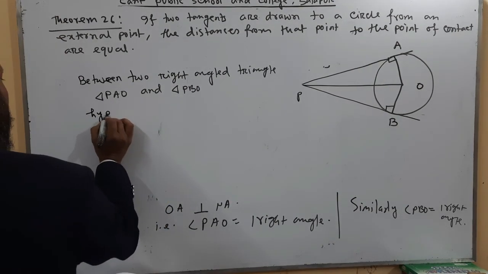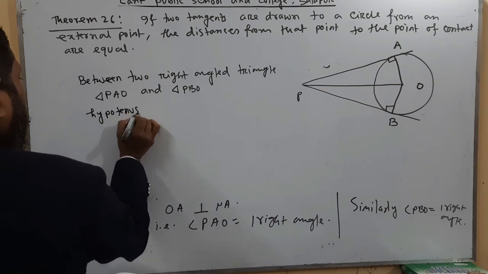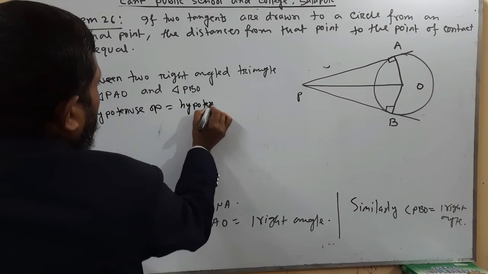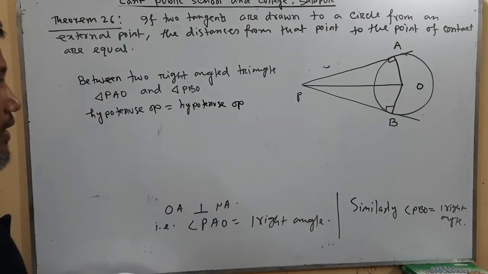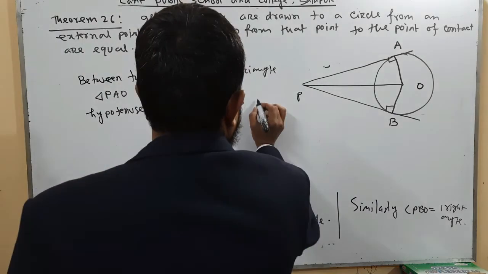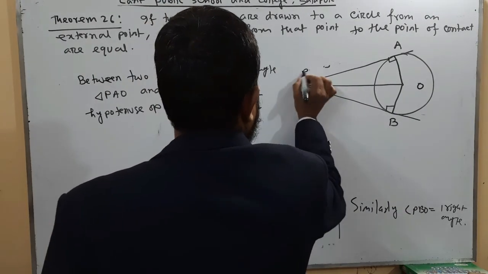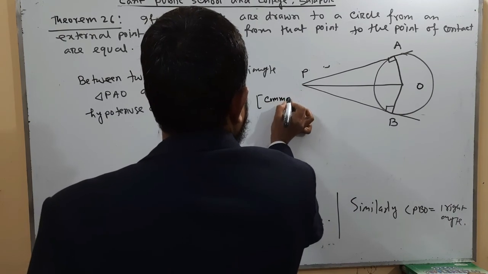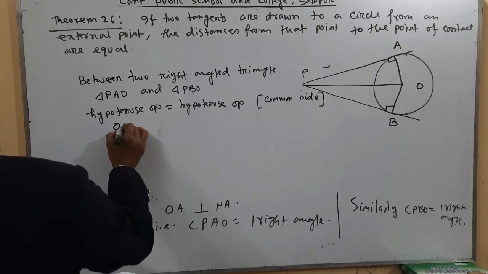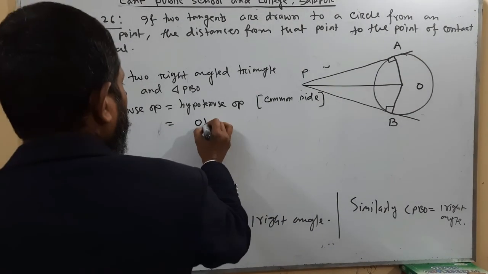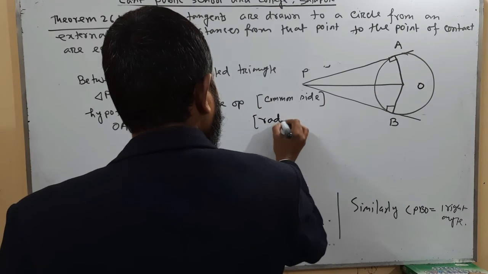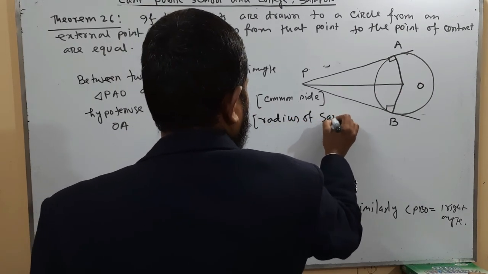Hypotenuse OP is equal to hypotenuse OP, because here OP and OP is the common side of these two triangles. OA is equal to OB, radius of the same circle are equal.